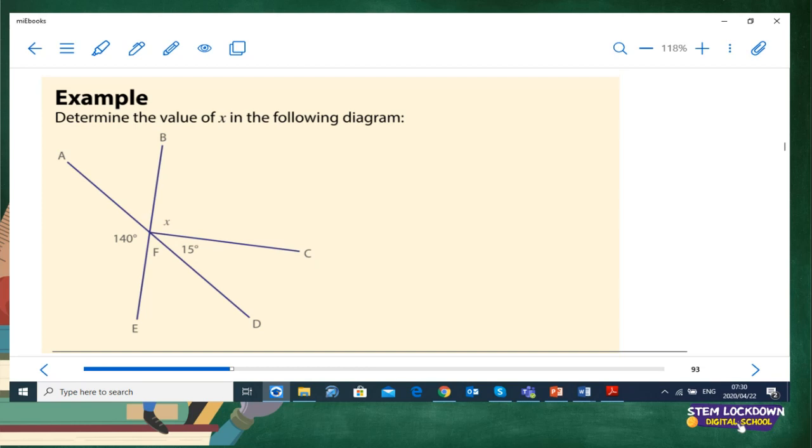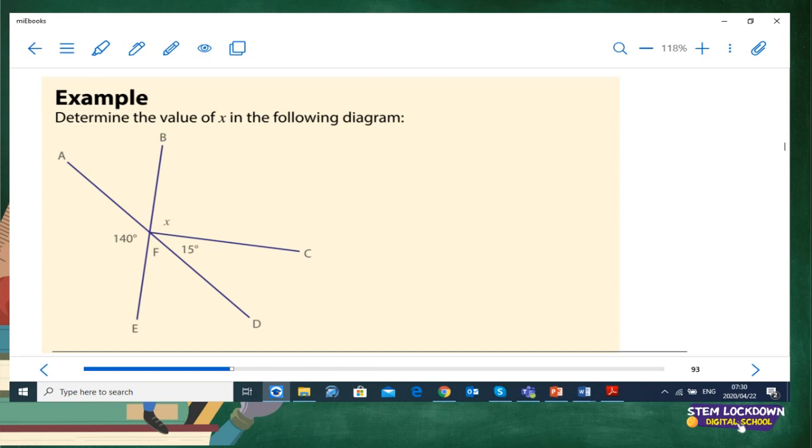Now, the sum of X and 15 will give you 140 degrees. So in other words, if you want to know what the value of X is, you need to subtract 15 degrees from 140.